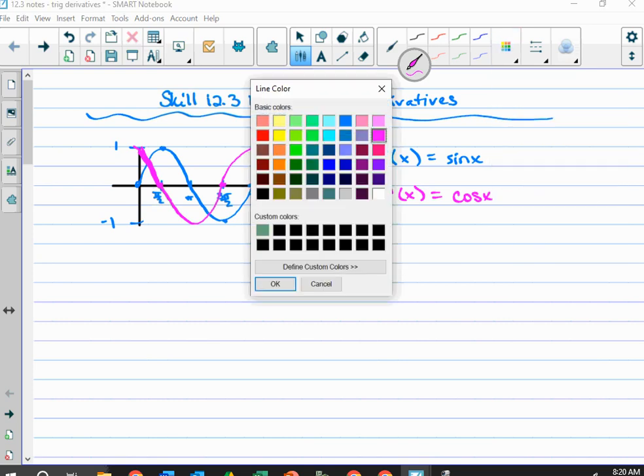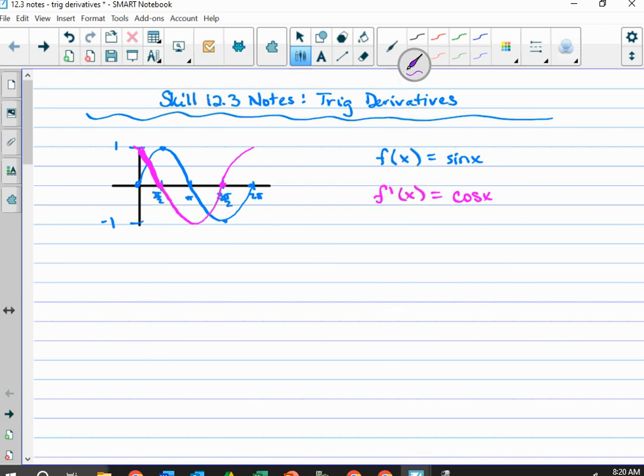Let's find, sorry guys, I'm bored with normal colors. Let's find the second derivative. Try to sketch that for me.